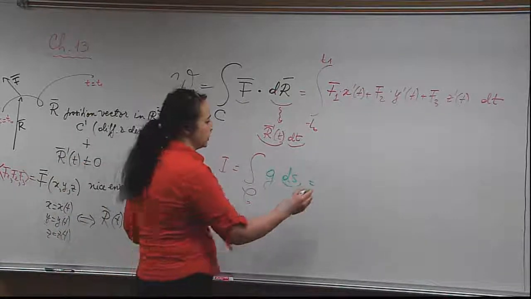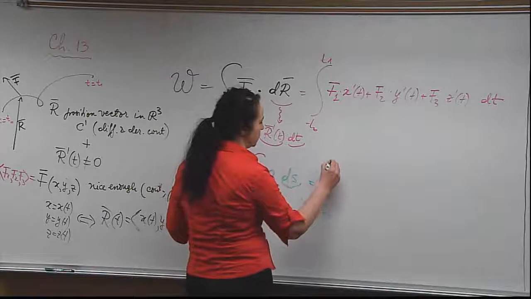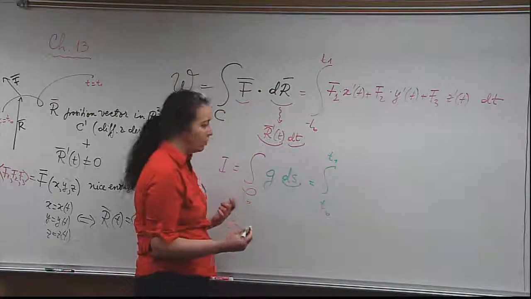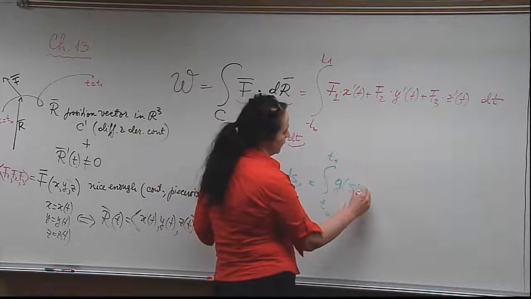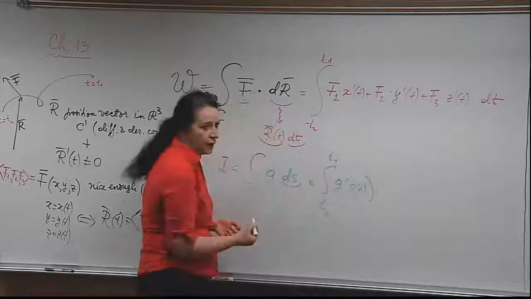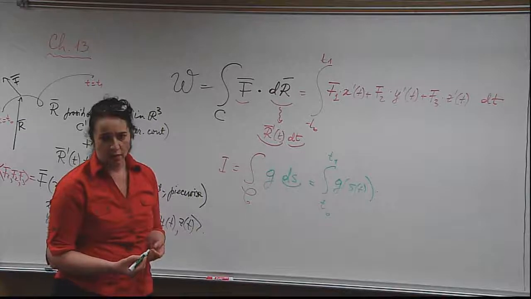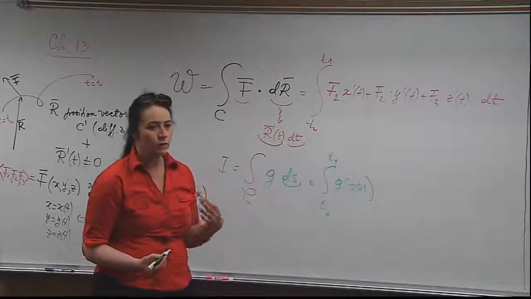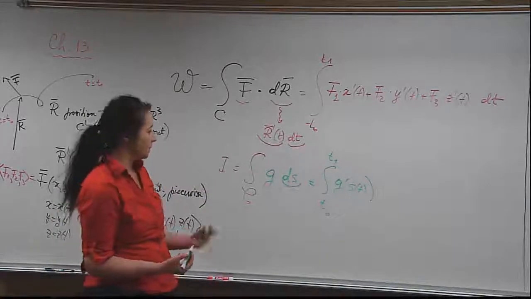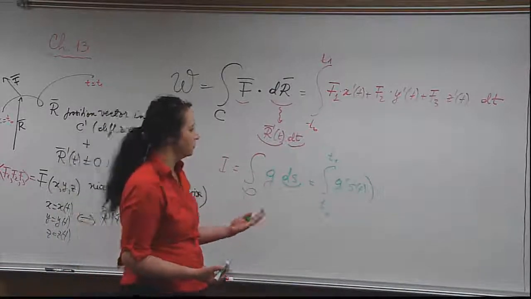So if I were to re-express this in terms of t, how would I re-express the whole thing? G of s of t, whatever that is, and Mr. ds was what? S prime of t dt. Right, so this s prime of t was the speed of the arc of a curve.